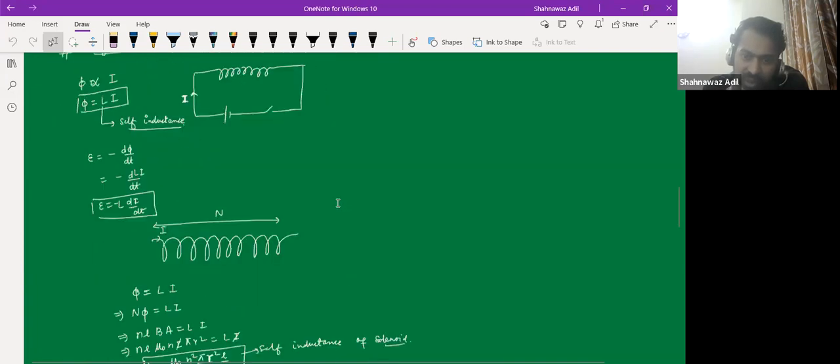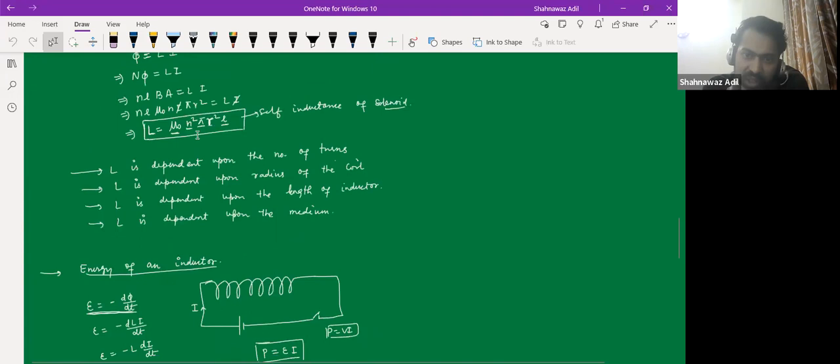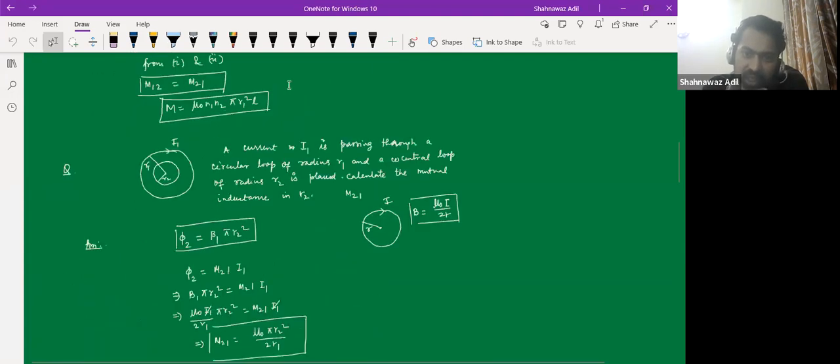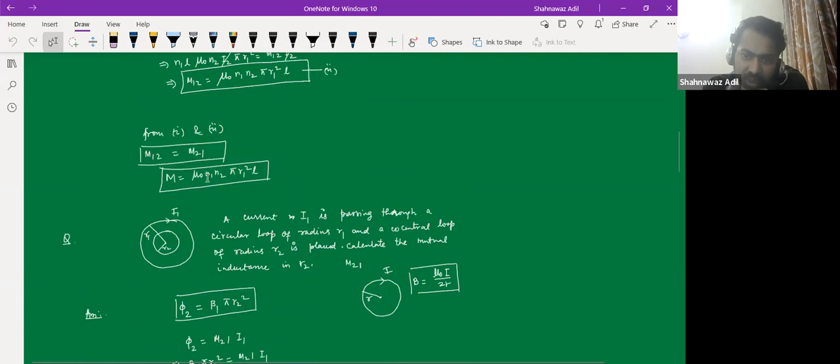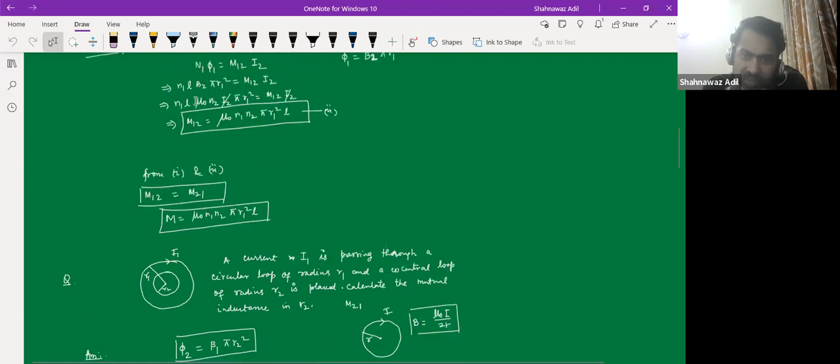Self-inductance is mu naught n square EL, and mutual inductance is mu naught N1 N2 EL. So that is also the same, right?